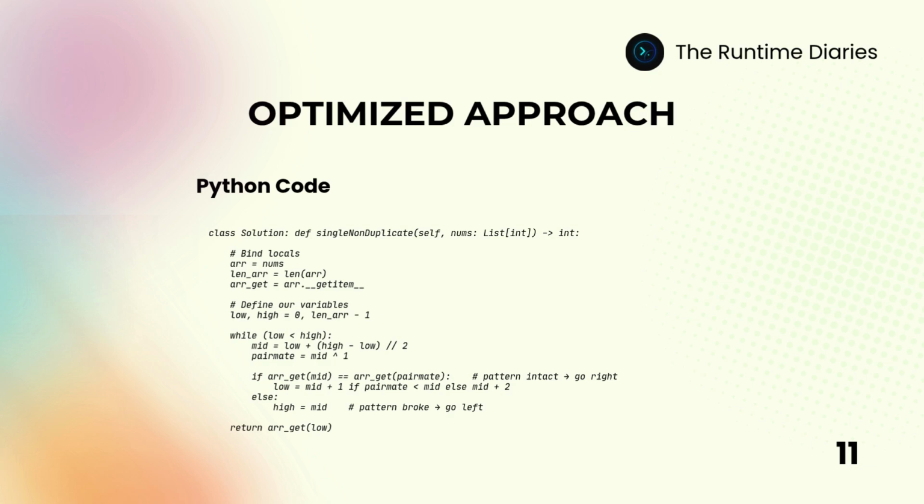If the pair is still intact, arr_get(mid) equals arr_get(pair_mate), we move right. Otherwise, the pattern broke, so we move left. The loop ends when low equals high, and that's our single element.